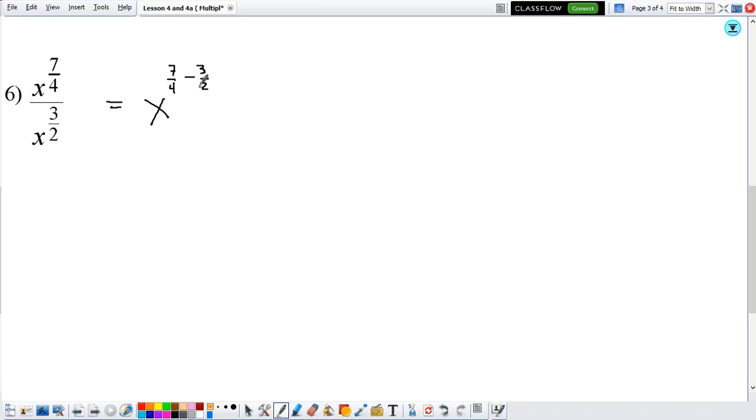The greatest common denominator they have is 4, so that means that the second fraction I can multiply top and bottom by 2 to make this denominator into a 4. So now this becomes x^(7/4 - 6/4). Now that they have the same denominator, I can subtract them. So now this becomes 7 minus 6, so that's 1/4.